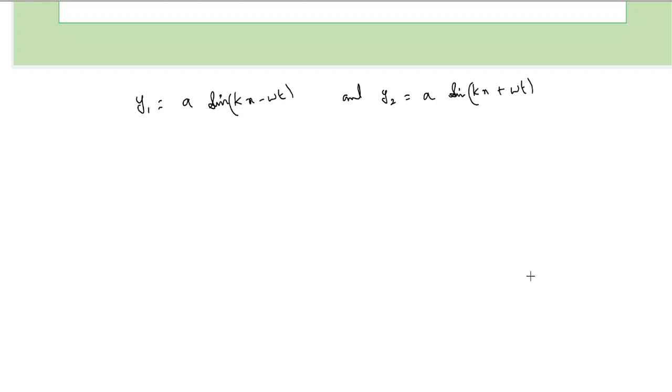Now by the principle of superposition of waves, the net displacement at any point, which we call y, is equal to the vector sum of individual displacements. Adding this, we get y is equal to y1 plus y2, which is a into sine of kx minus omega t plus a into sine of kx plus omega t.